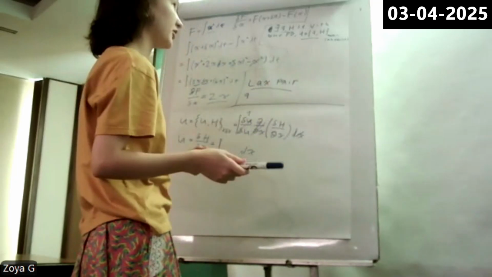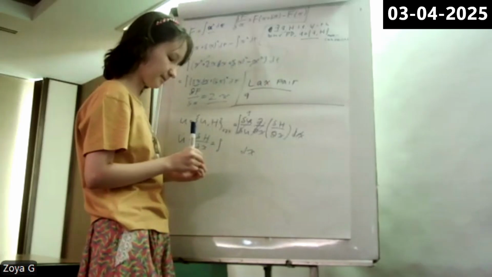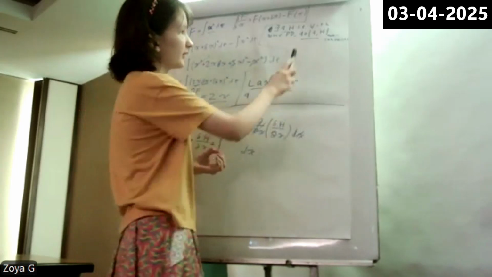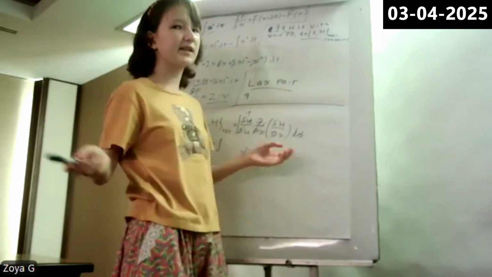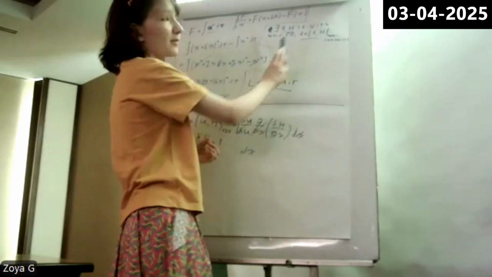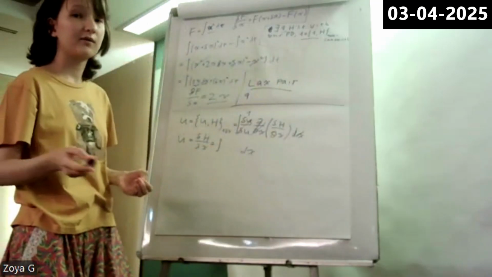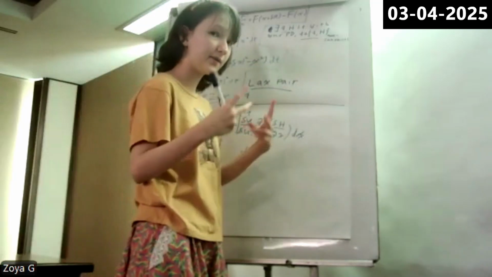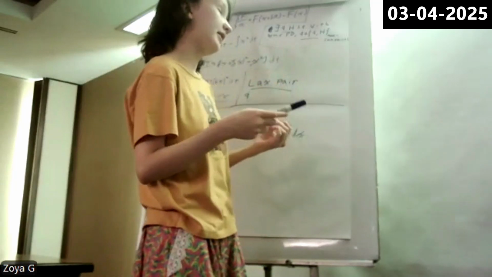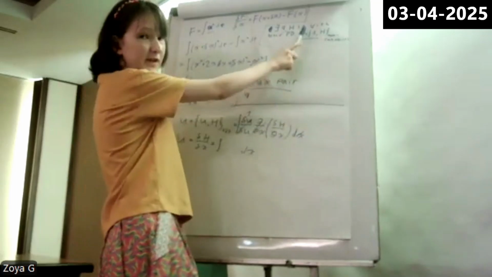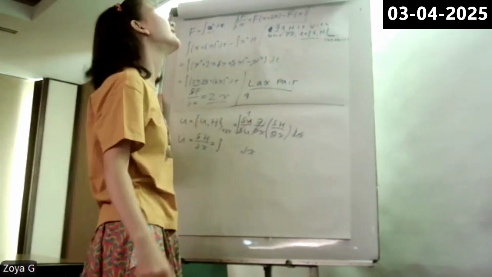the actual equation of motion to be integrable, right? Because this is basically the thing that we're going to be integrating. If it's integrable, this is going to be the thing that we're integrating.